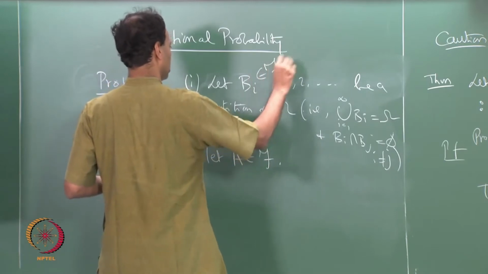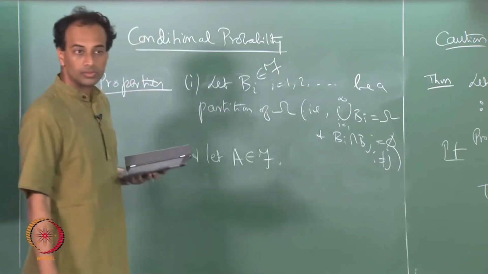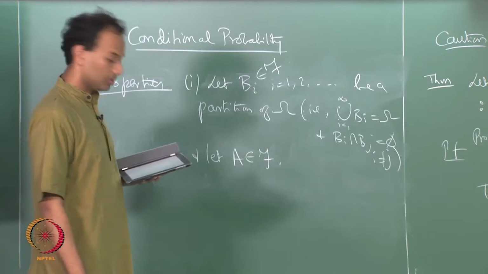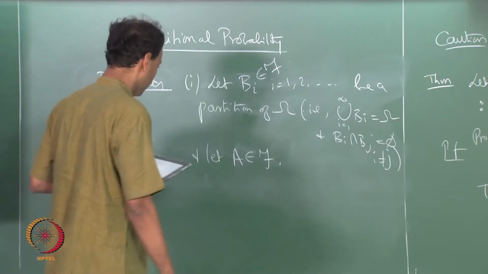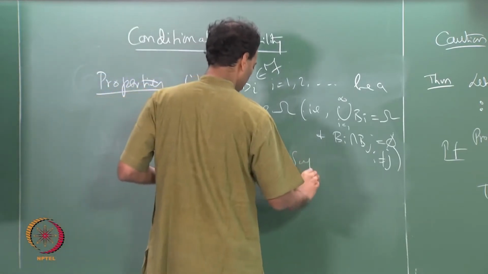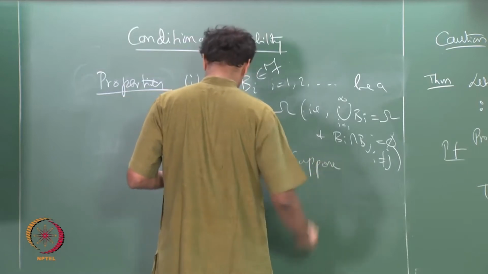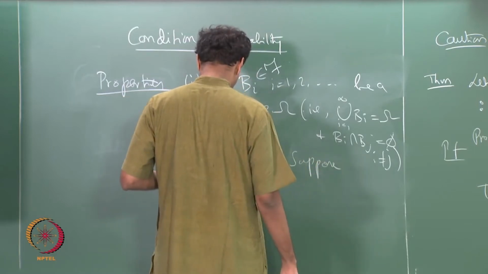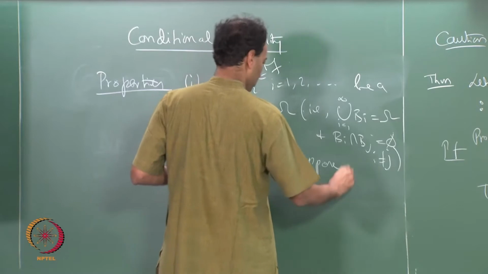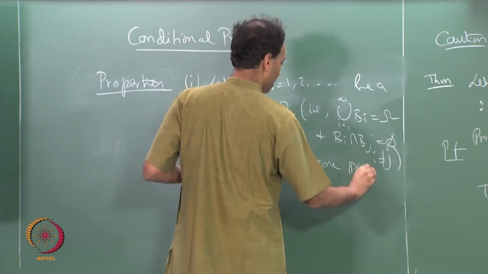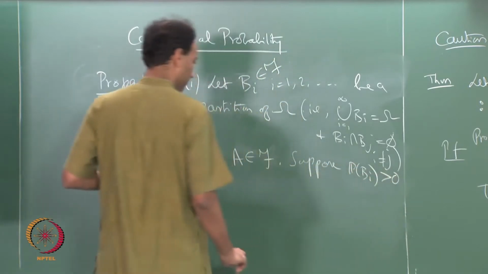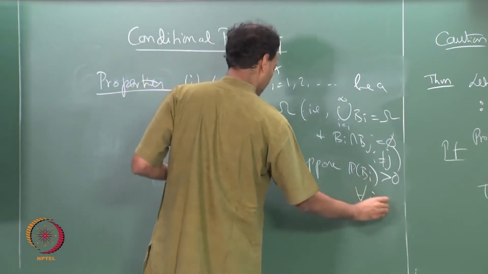These are also F measurable. Suppose P of B_i is greater than 0 for all i.